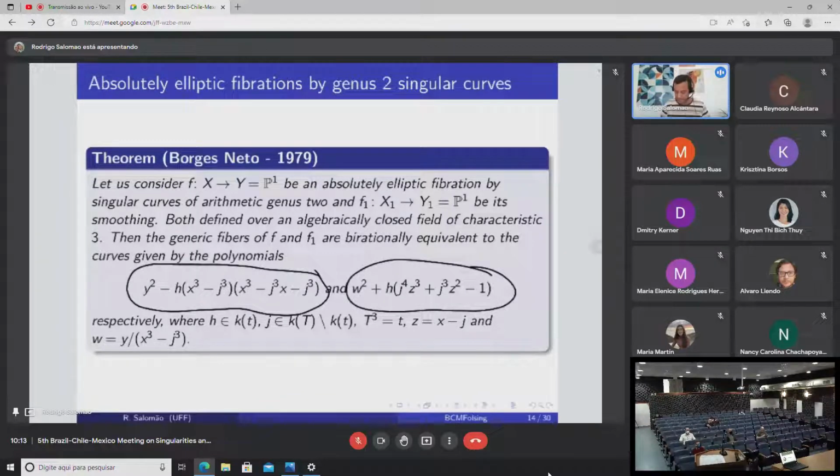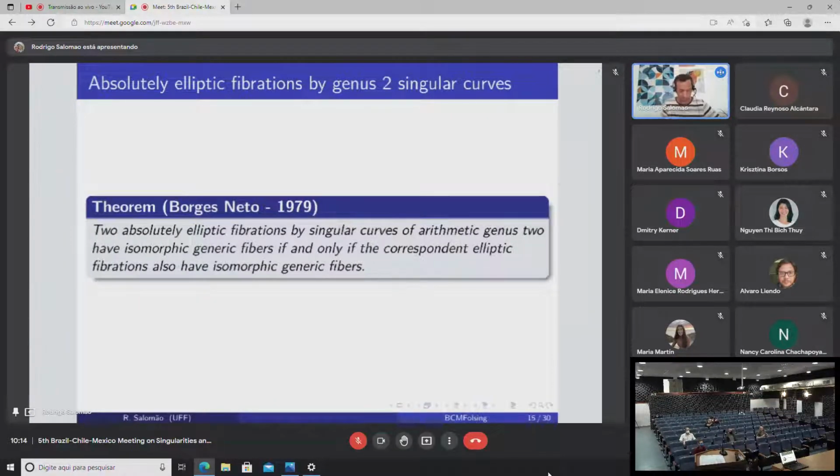Okay, so it's a Weierstrass form because the generic fiber of the smoothing is an elliptic curve. Borges Neto also proved that two absolutely elliptic fibration by singular curves of arithmetic genus 2 have isomorphic generic fibers if and only if the corresponding elliptic fibrations have also isomorphic generic fibers.